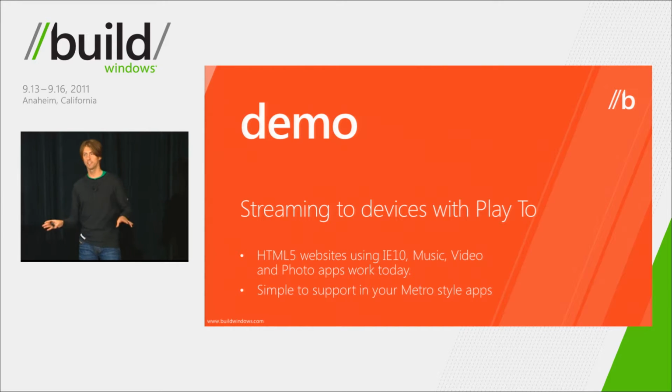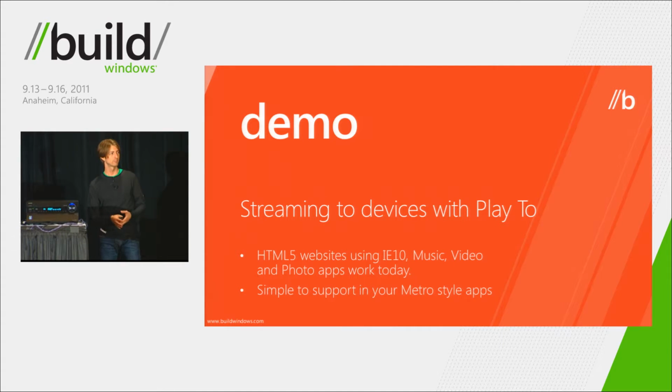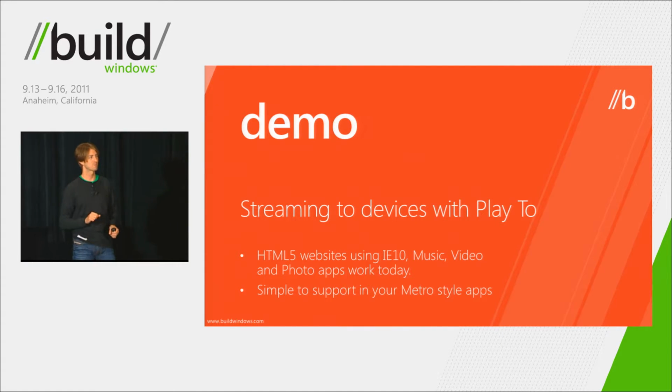So every HTML5 website today works with Play 2. Every one. Right from within the browser. We had some internet connectivity problems, but we're going to show that in a session specifically for Play 2 later.